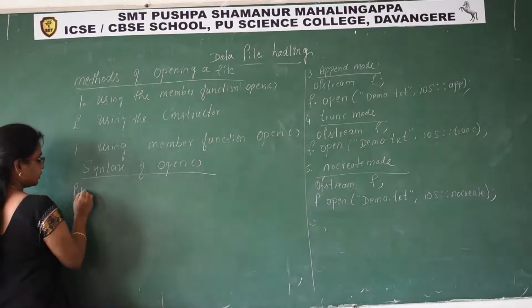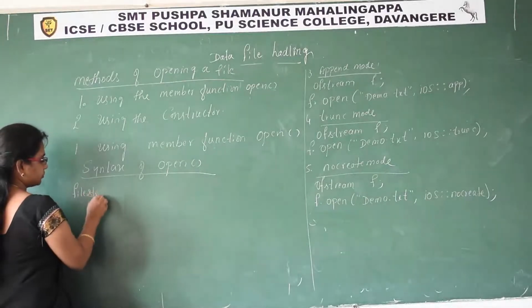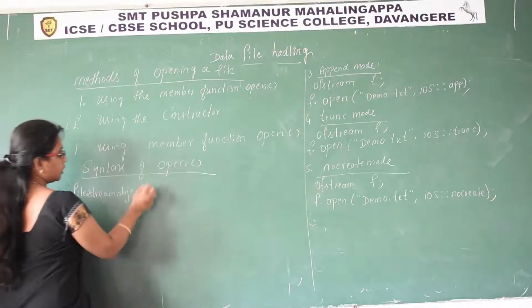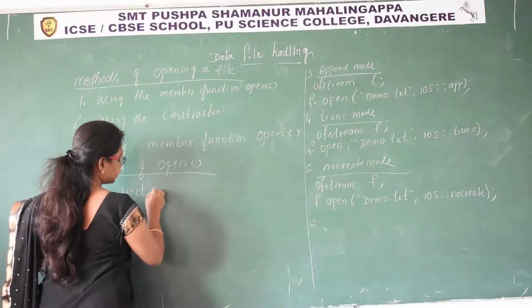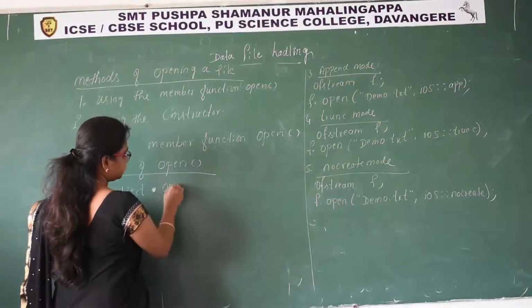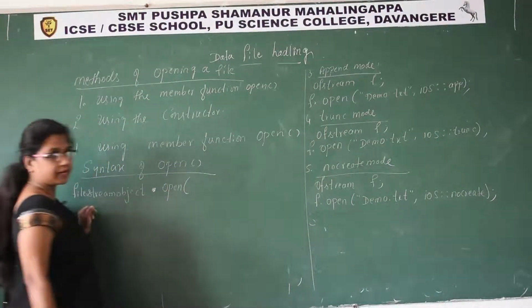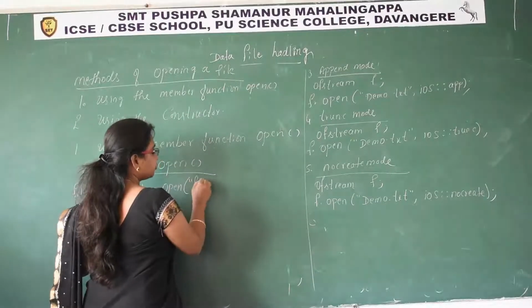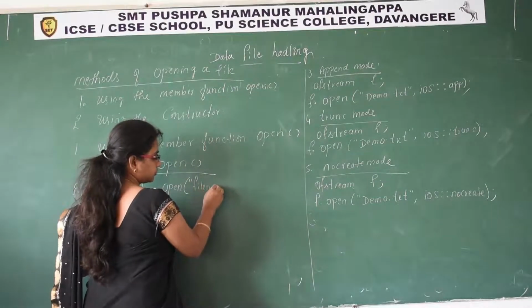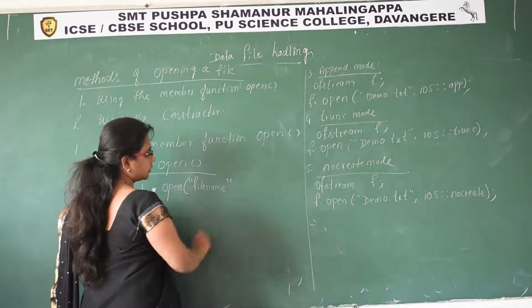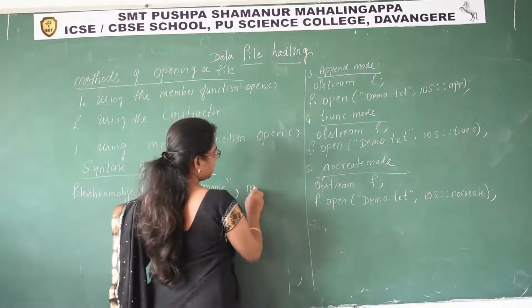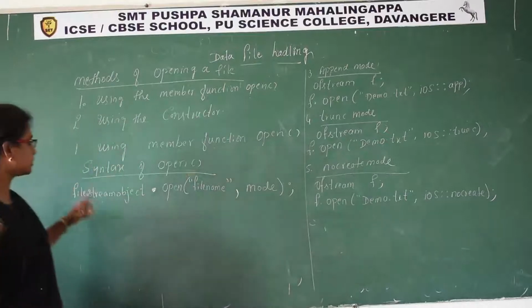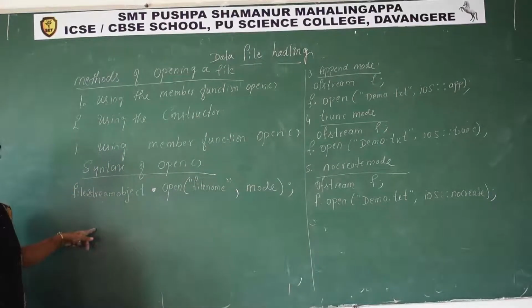File stream object dot open parenthesis within double quotes file name comma mode semicolon. So this is the syntax of open function.